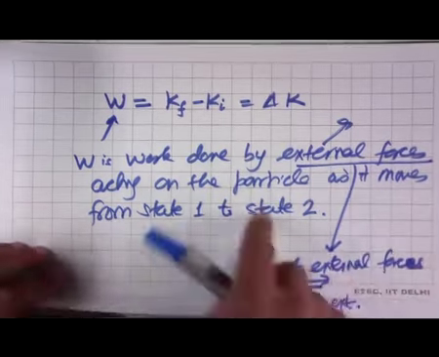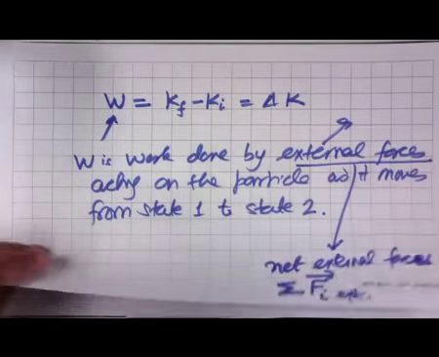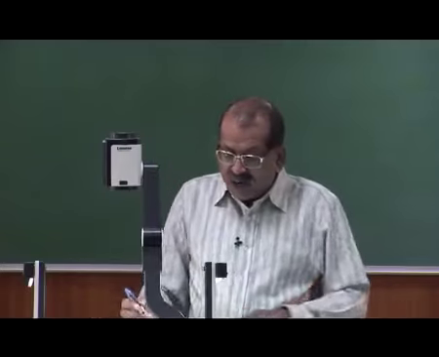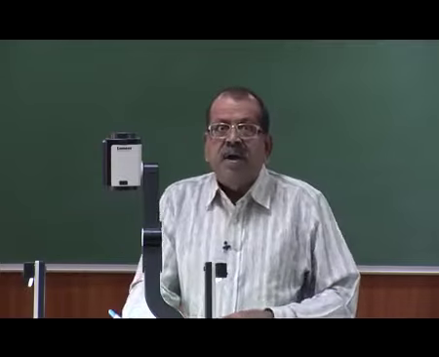So, we calculate the work done by each of them, add up all these work done, and this must be equal to the change in kinetic energy. And we can very easily show this by two methods.